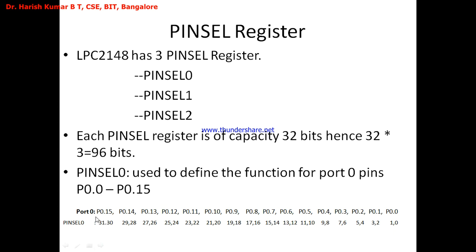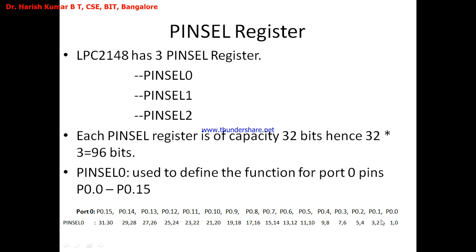You can observe here, these are the port pins of port 0 from P0.0 to P0.15, and these are the bits available in the PINSEL 0 register. Now the first 2 bits of PINSEL 0, that is the 0th bit and the first bit, are reserved for defining the function of port pin P0.0.